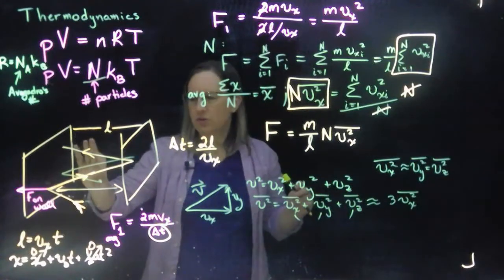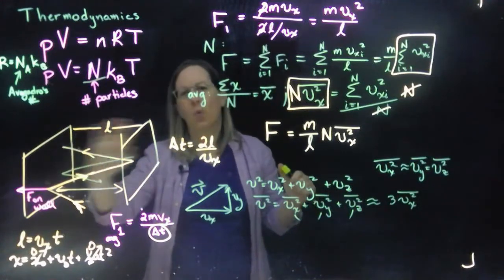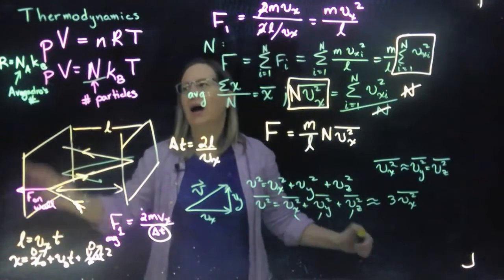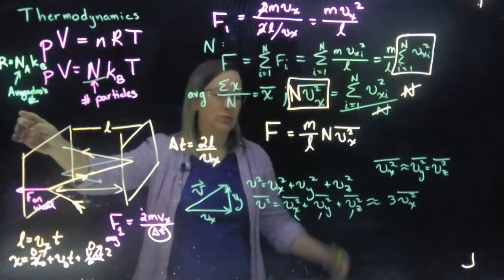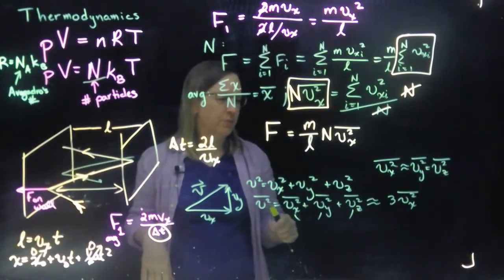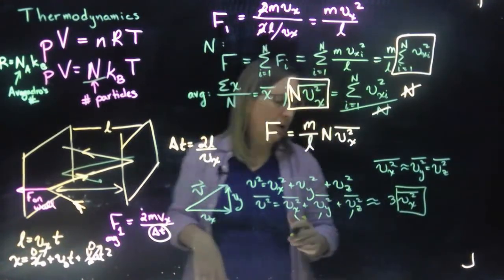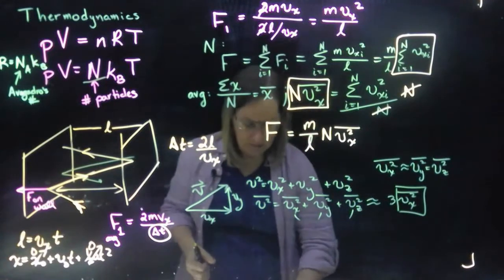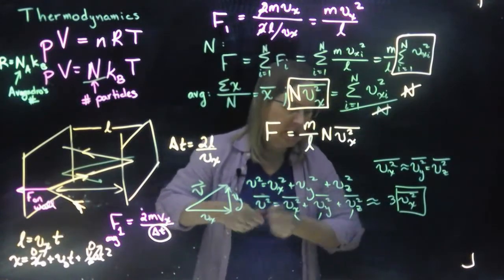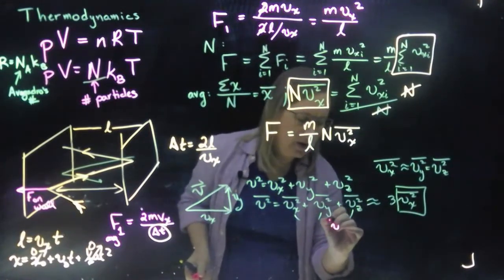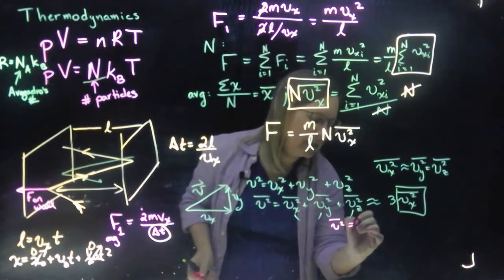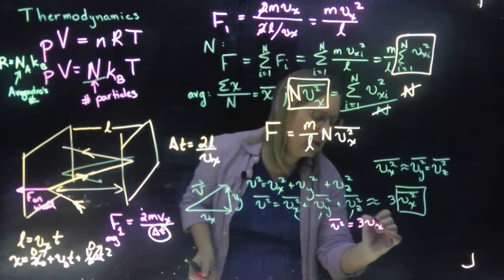The reason averages are okay is because we're not looking at 1 or 2 particles. We're looking at Avogadro's number worth of particles, which is a lot of particles. So in place of Vx squared, I should rewrite this a little bit. I'm going to say then the average V squared is equal to 3 Vx squared.